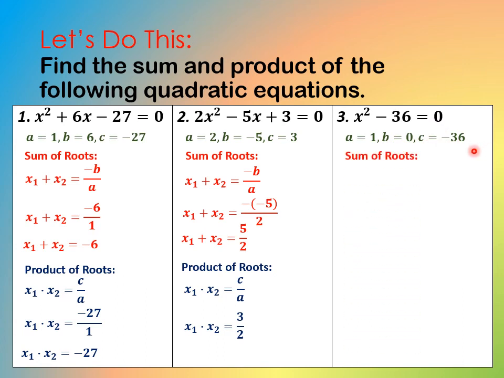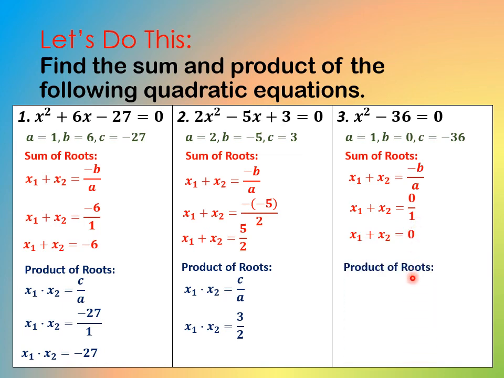So, the sum of roots. What is the sum of roots of this? Negative B over A. What is B? That is 0. What is A? 1. So, 0 divided by 1. The sum of roots of x squared minus 36 is equal to 0 is 0.